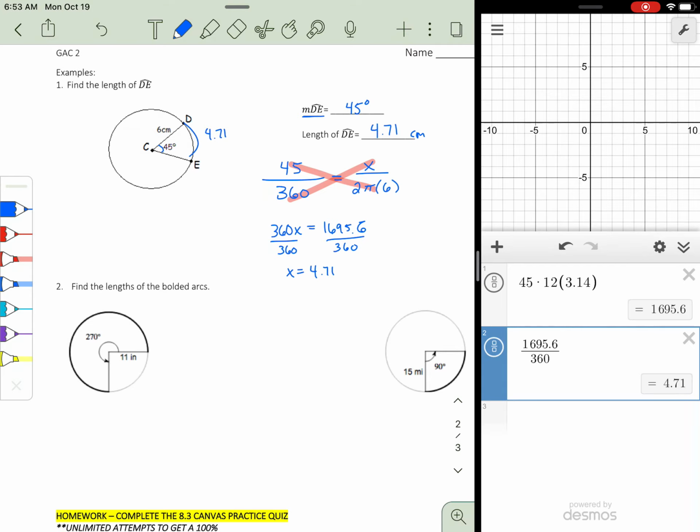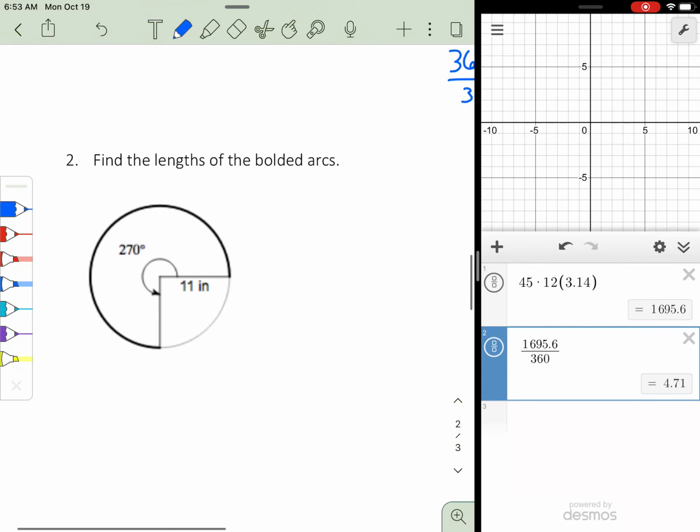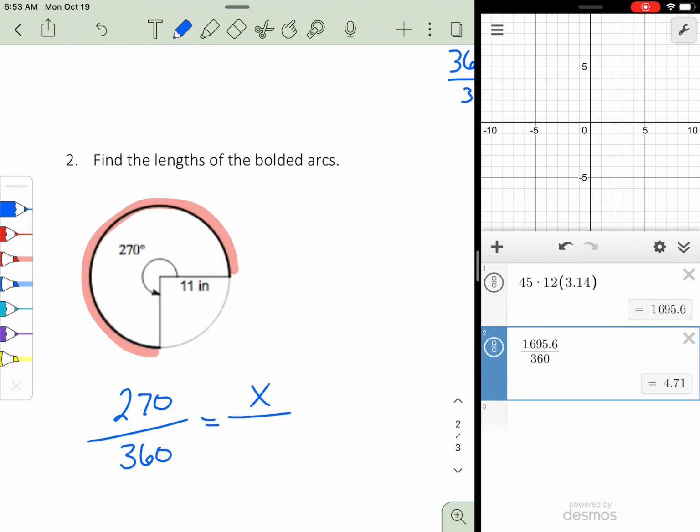Okay, so find the length of the bolded arc. You can see this one is 270 degrees on the bolded side, which is the outside. That's what it's talking about. So set up our proportion: 270 over 360 equals the arc length over 2 times pi times the radius, which is 11.